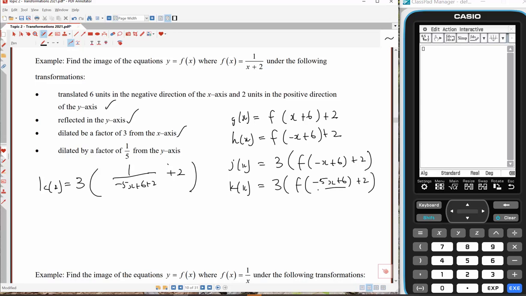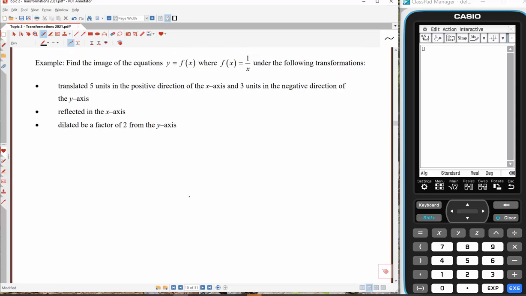Okay, so where I've seen x, what I've done is thrown that on in its place, added 2, all multiplied by 3. So I've got 3 over 8 take 5x. 3 multiplied by positive 2 is positive 6. So there's my k of x function.